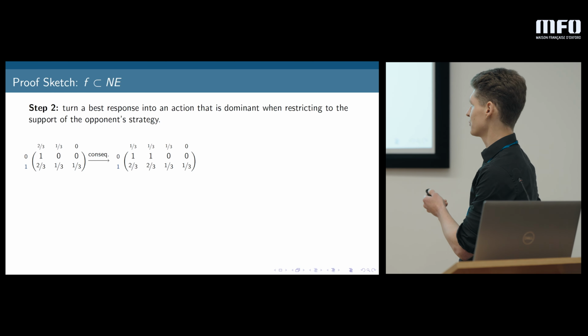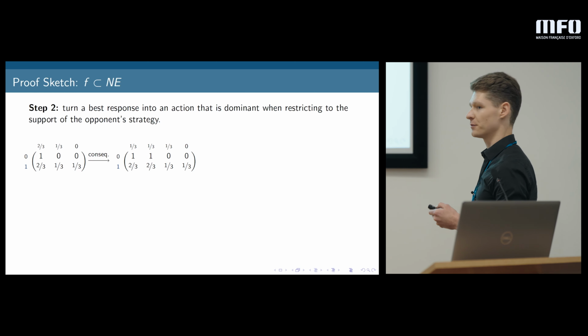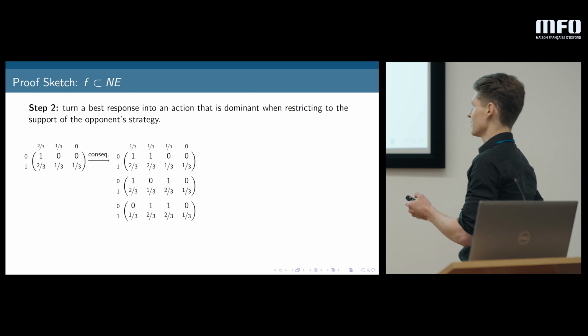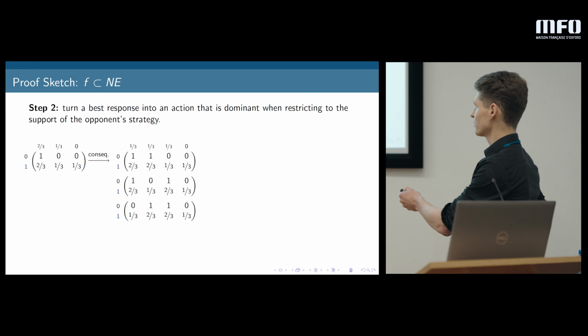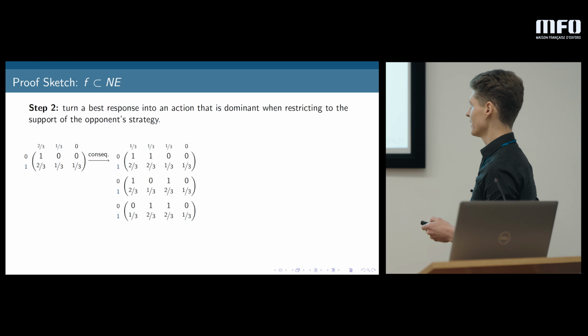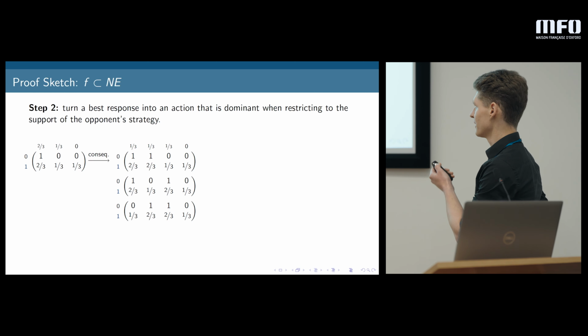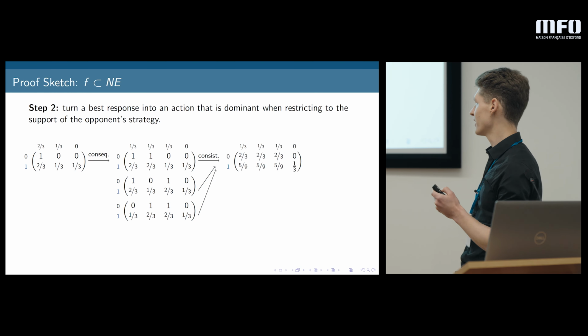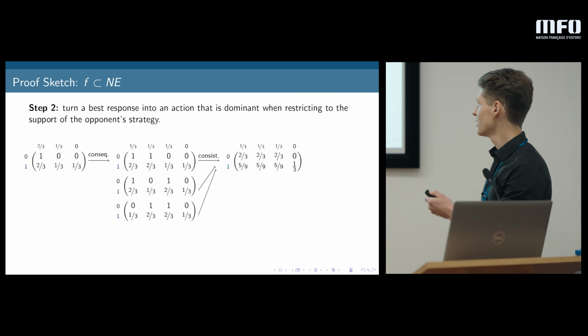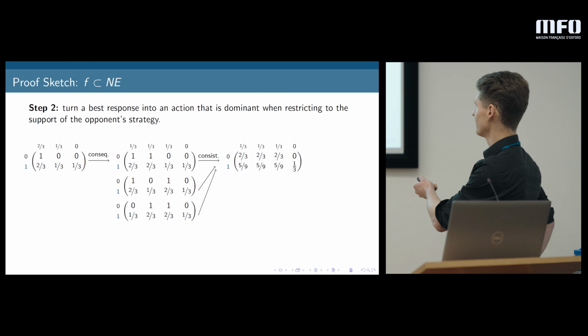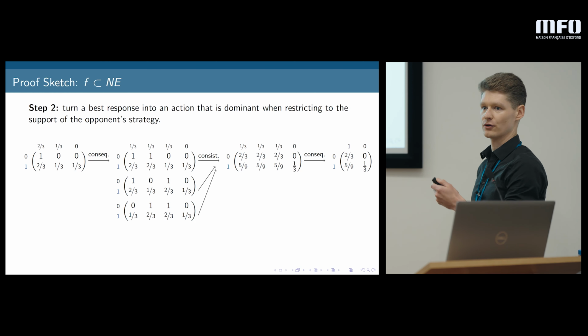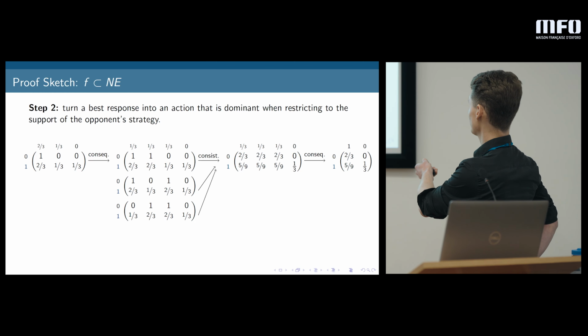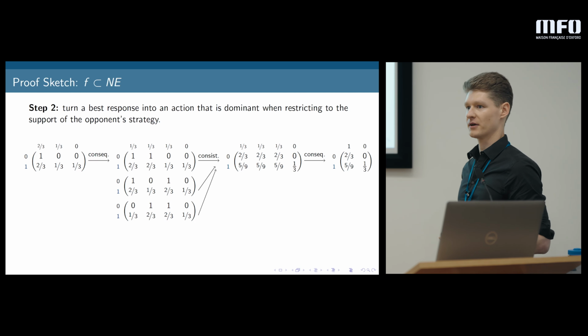So again, get to a situation where this player plays a uniform distribution, then use consequentialism to permute the actions of this player, and then we are again in a situation where we have games where players have played the same strategy profile, take a convex combination, and you get a game where we have clones for the column player, and then use consequentialism to collapse all of those. So now we have probability 1 on an action that's dominated if you forget about actions outside the support of the column player.